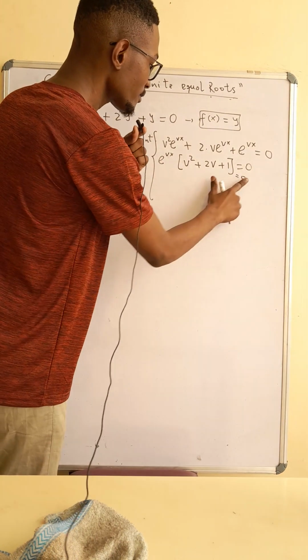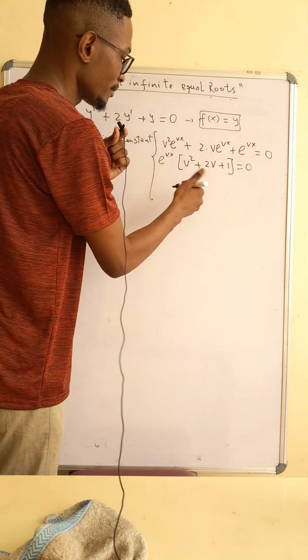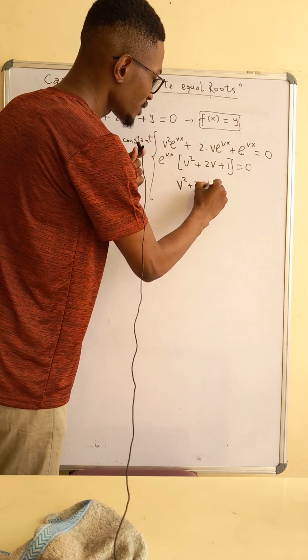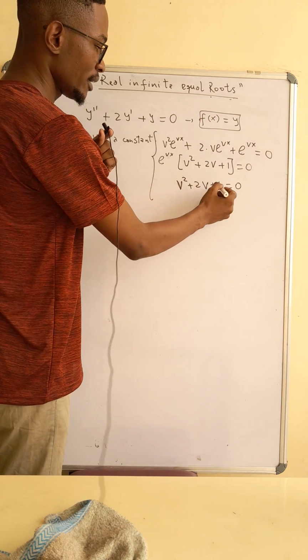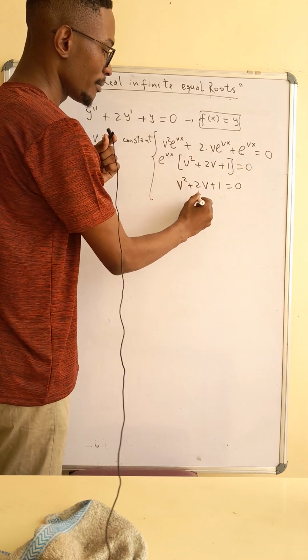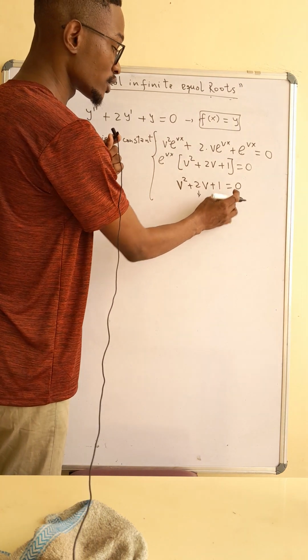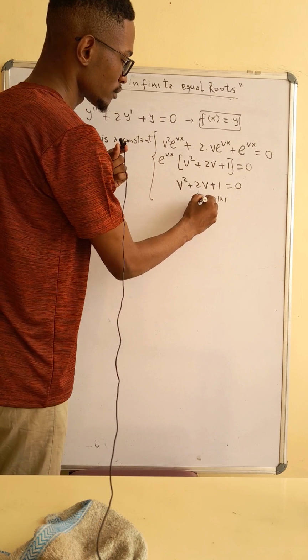Now see. This one will be impossible to be 0, but this one can be 0. So I'll pick up this one, v squared plus 2v plus 1 equal to 0. We know that this one is the sum of the 2 roots, and this one is the multiplication of the roots. So this is 1 times 1, and this is 1 plus 1.